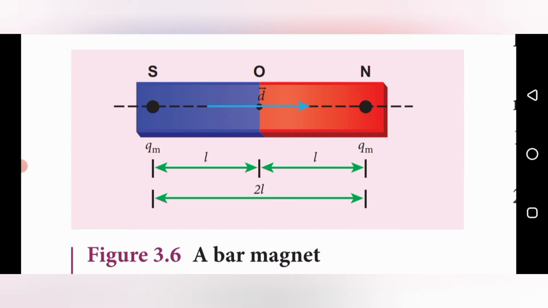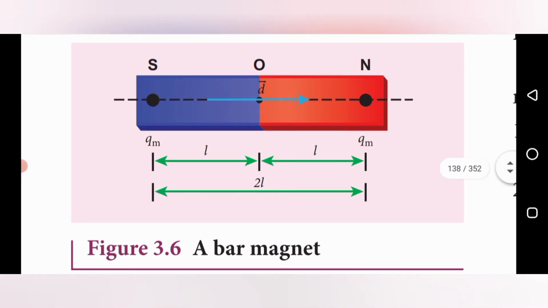The direction of the magnetic moment is from north pole to south pole. That is the important thing, denoted as a blue color arrow line. That is called the dipole.